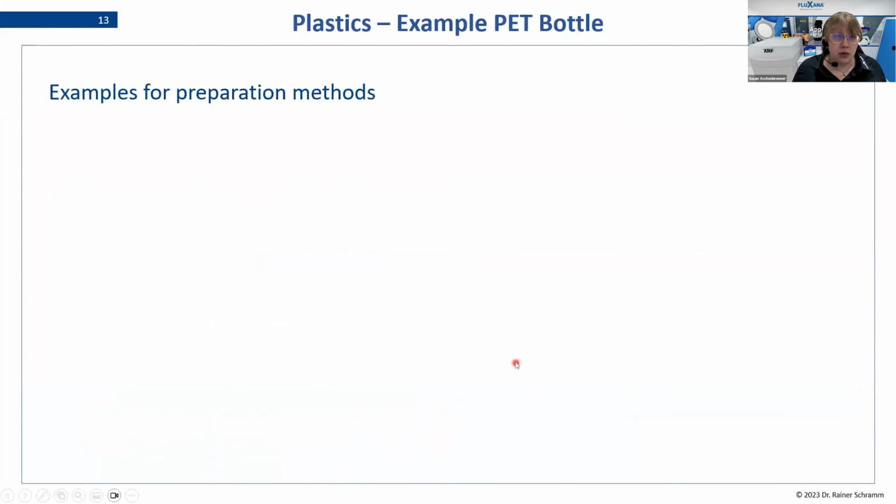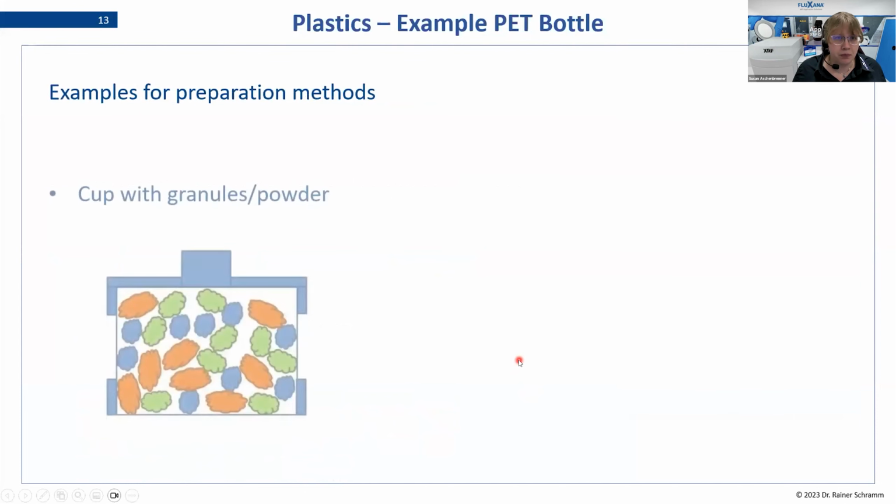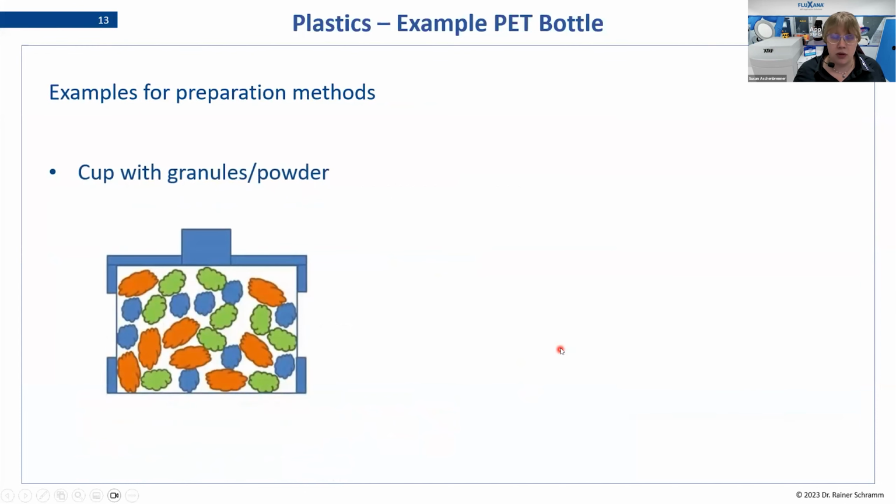So let's have a look which preparation methods are possible. First of all, if you're having a granule or a powder, then you can prepare a cup, pour the powder in the cup and measure the powder in the cup. This is the easiest way to prepare a sample for XRF if it's not already a solid sample like the glass.